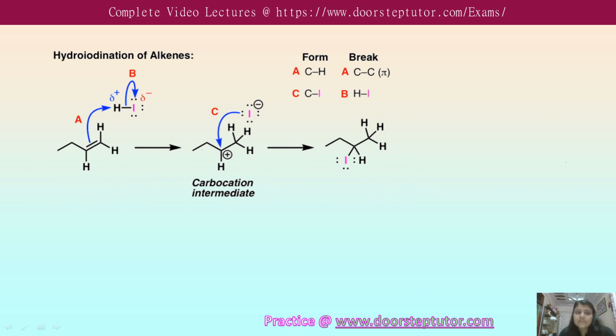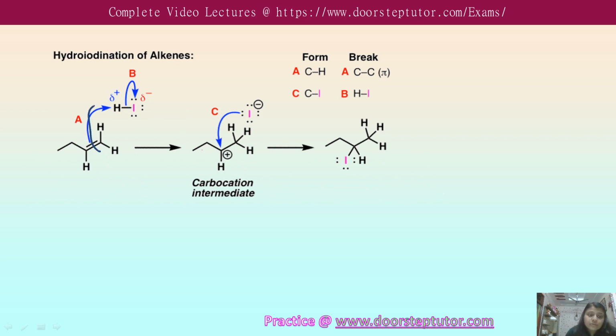Now consider this hydroiodination of alkenes. Alkene is electron rich. I have told you alkene is electron rich. And it's electron deficient at hydrogen, because iodine is electronegative. Iodine is electronegative, and it withdraws electron density from hydrogen toward itself, so this particular hydrogen is electron deficient.